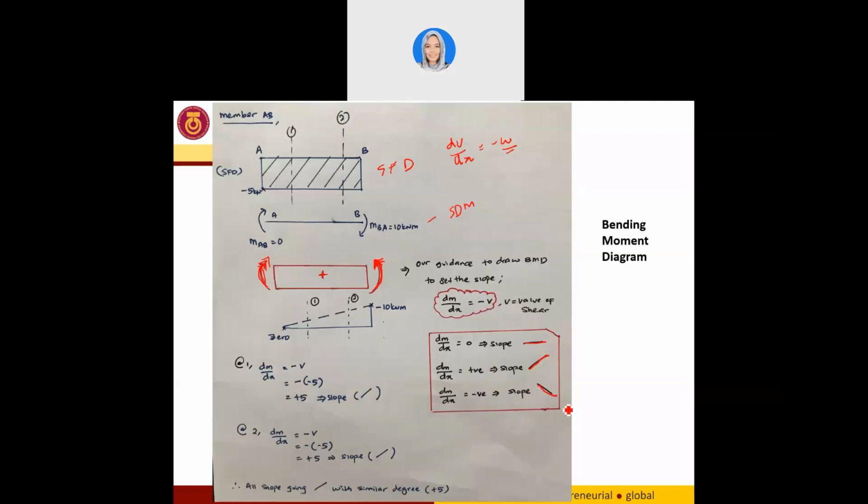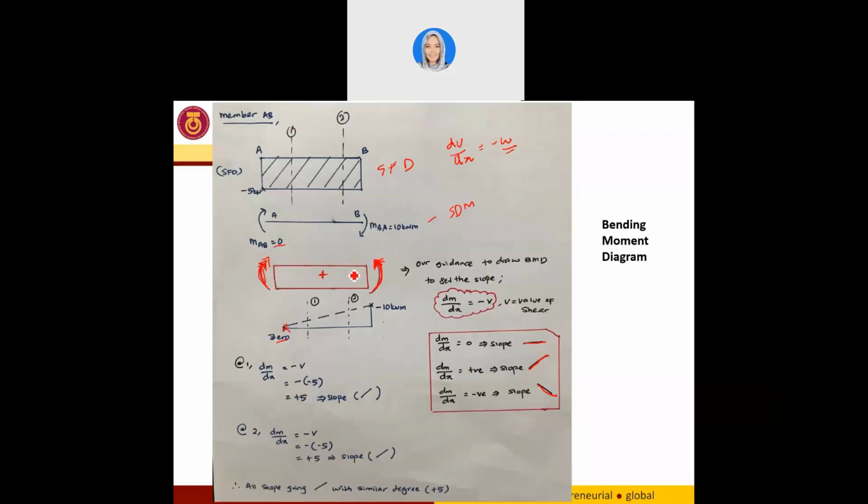Let us look at member AB. Between point A and point B, you have 0 moment at point A, so at point A we have 0. At point B we have a clockwise moment of 10 kilonewton meter.